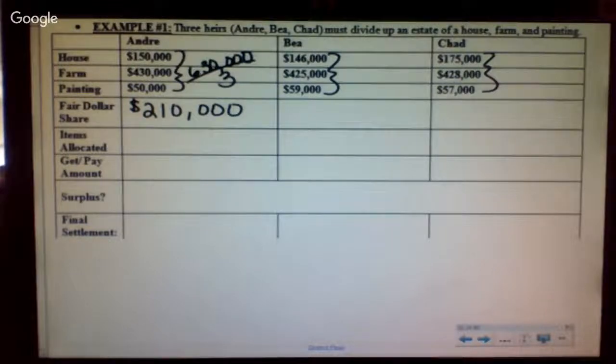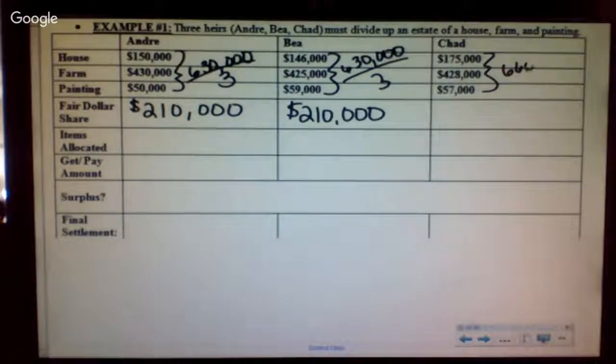Same thing, which means her fair dollar share is the same. What about Chad? 660,000 divided by 3, which means his fair dollar share is 220,000.